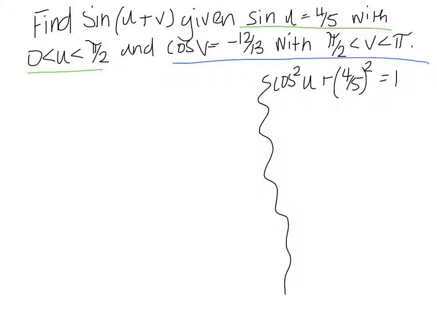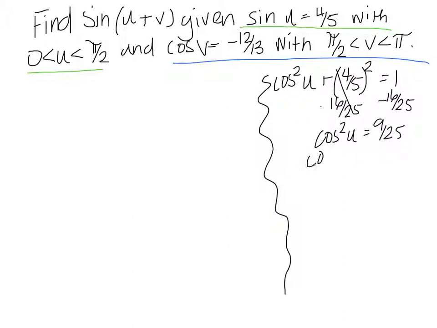What's 4/5 squared? 16/25, and I'm going to subtract that. What do I get when I take 1 minus 16/25? 9 over 25, so the cosine squared of U equals 9 over 25.